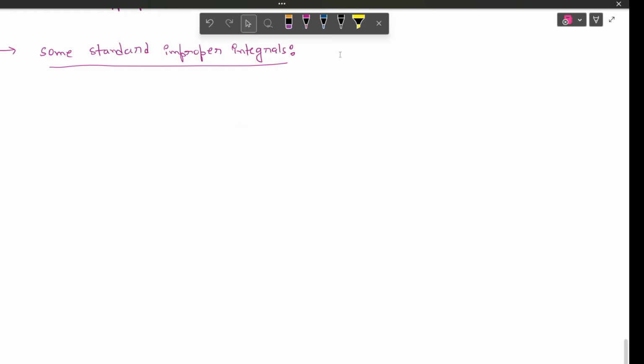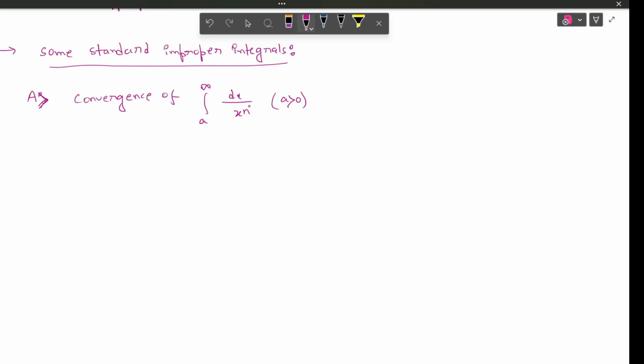We have our first improper integral type as A. Now we want to check the convergence of integration A to infinity dx by x to the power n, where A is greater than 0.